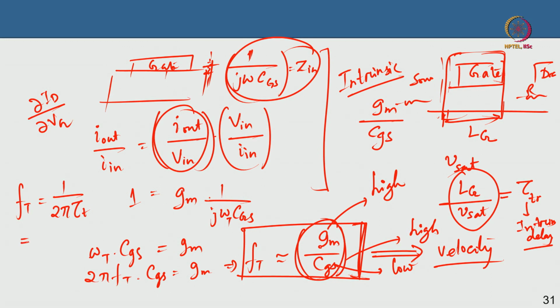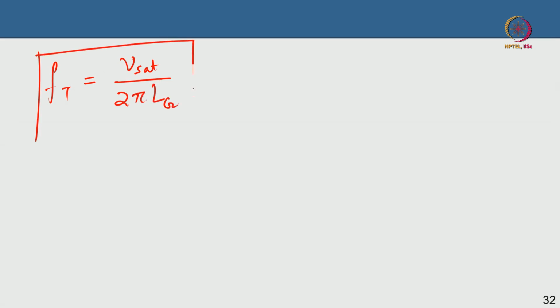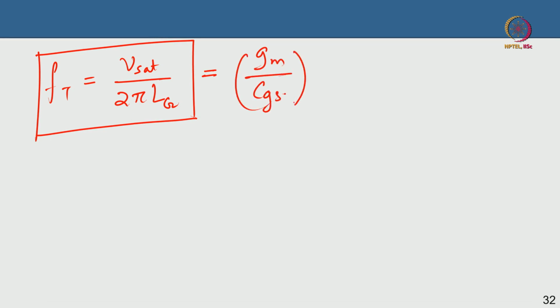So, cutoff frequency will become Vsat divided by 2 pi times the gate length. This is your intrinsic cutoff frequency. You cannot get a cutoff frequency which is higher than this. This is the upper limit, and this is equal to Gm by Cgs in a way you can say.